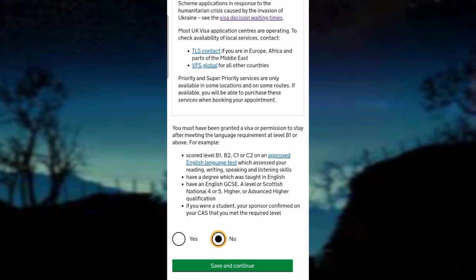But the line that you need to take note of is it says you must have been granted a visa or permission to stay. Now, for people who are doing this application for the first time, you have not done any visa before, you've not been granted any visa before using your test of English results, your answer should be no. But if you have been on another visa that required test of English, of course your answer will be yes. But for most people, it will be no.